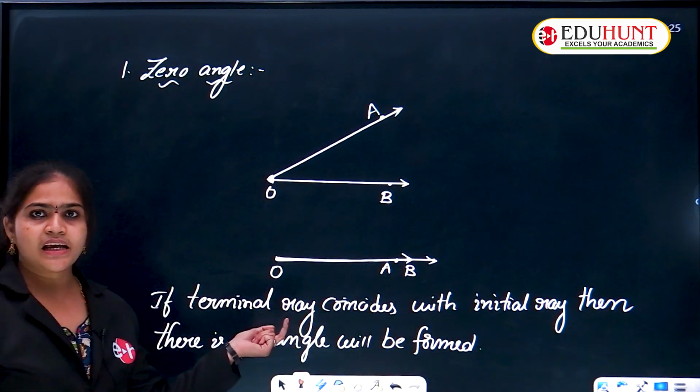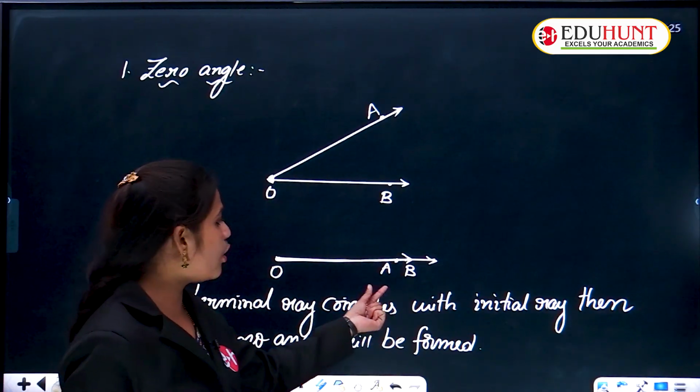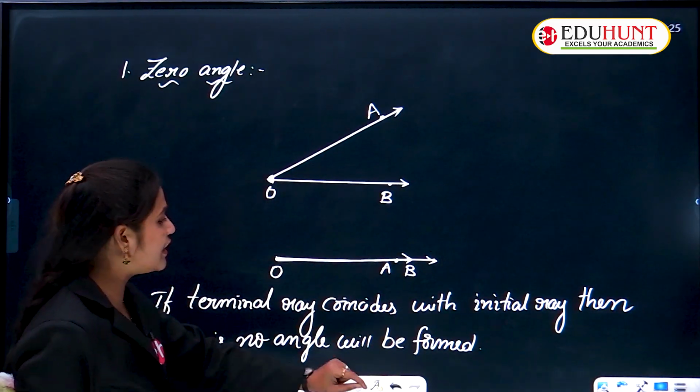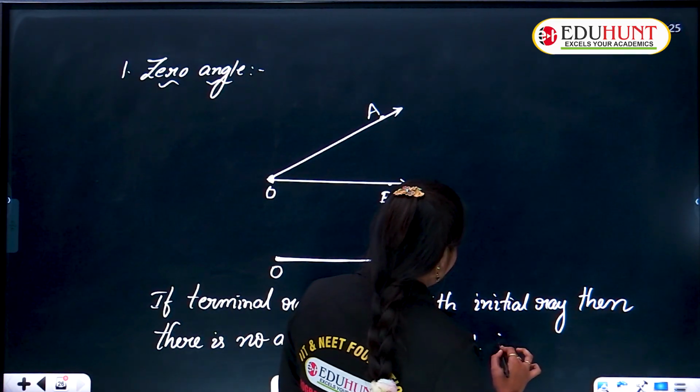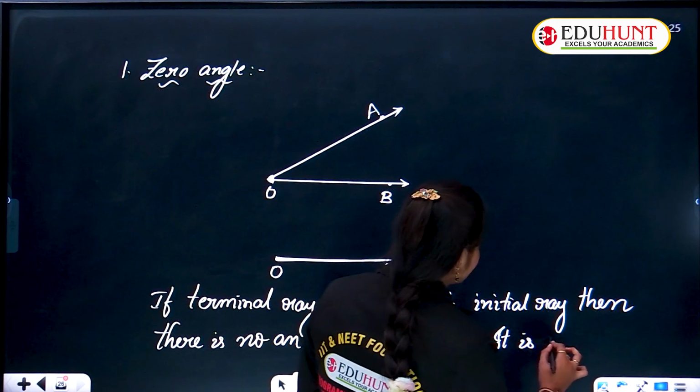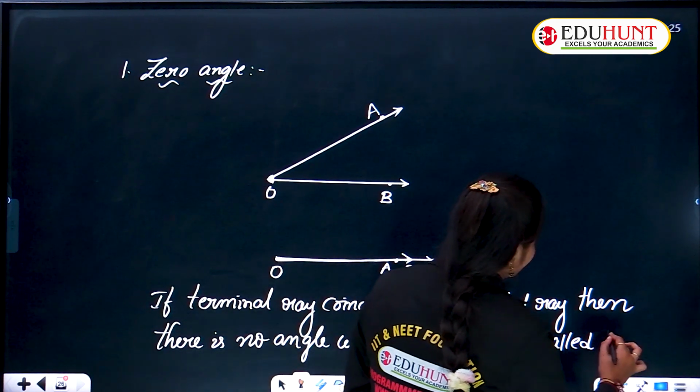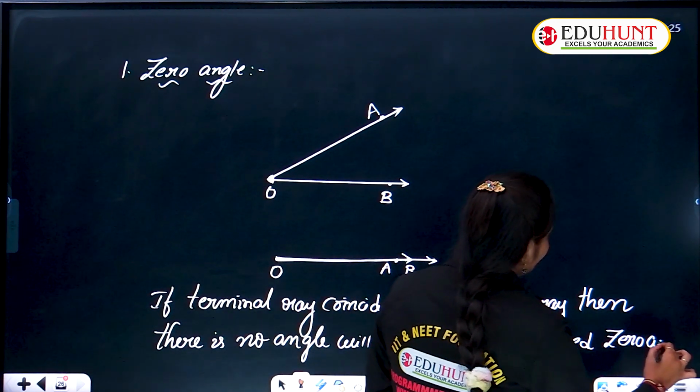Understood? If the terminal ray coincides with a fixed ray or initial ray, then no angle is formed, and it is called a zero angle.